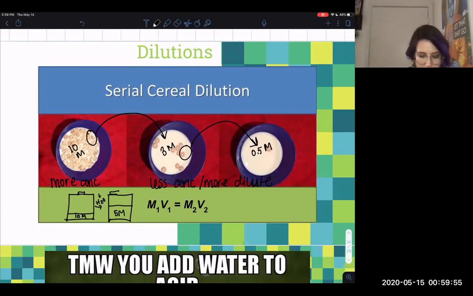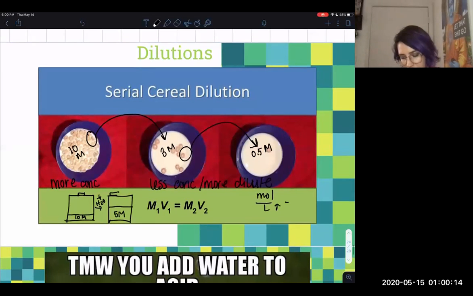Does that make sense? The same number of moles are in there. I didn't add any more substance, the same number of moles still floating around, but now there's more water. So when you do the mole per liter math, the liter on the bottom is bigger, so the molarity is less. If you have moles per liter and you increase the liters, the molarity is going to decrease.